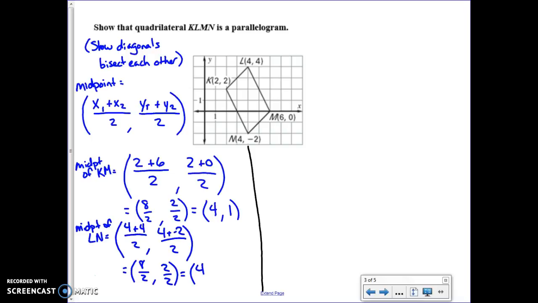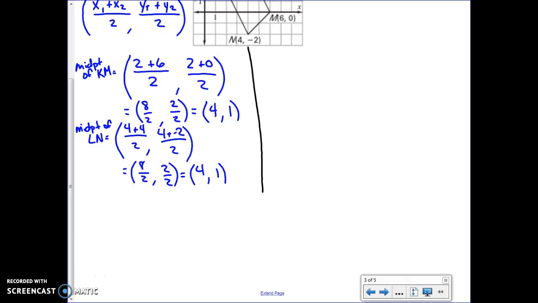I get 4, 1. So I can say, since diagonals bisect each other, KLMN is a parallelogram.